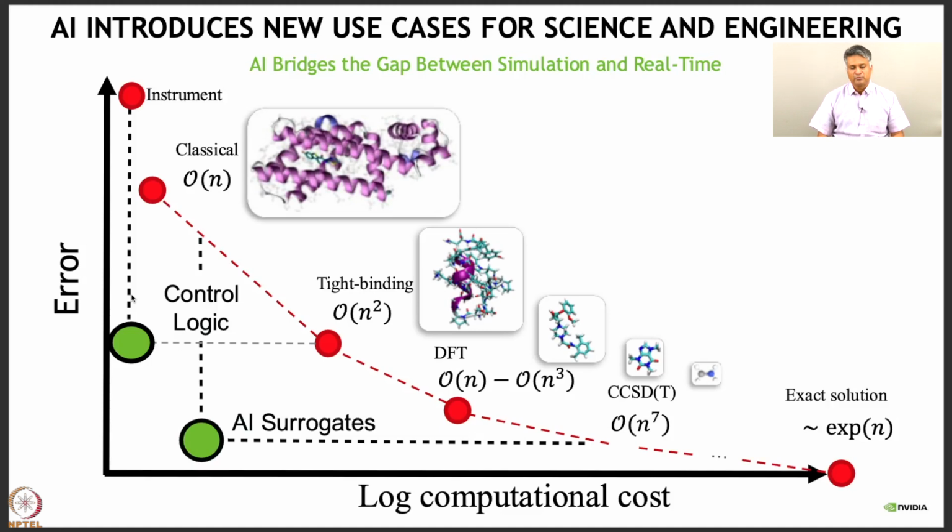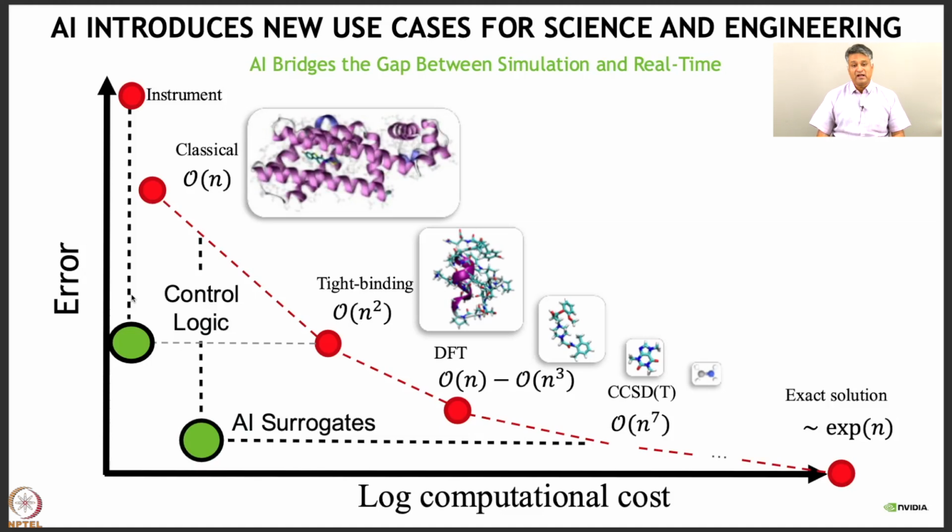As we increase the computational complexity towards n square or n cube, the error decreases in logarithmic fashion. And as we try to approach the exact solution, the cost becomes almost exponential in n and prohibitively expensive.